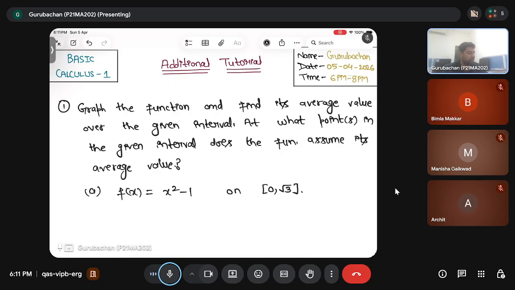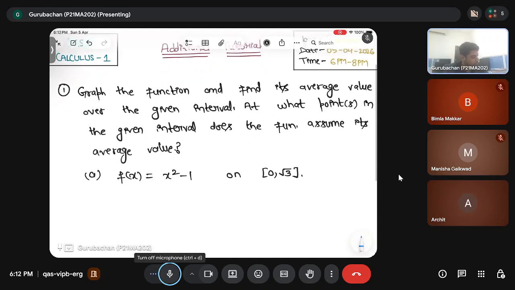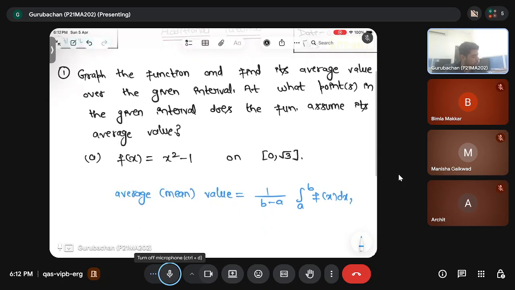So I hope you are aware about how to find out the average value. Okay, so let me recall that average value or mean value is 1 by b minus a, integral a to b f(x) dx, where f is a function from [a,b] to R, obviously a continuous function.